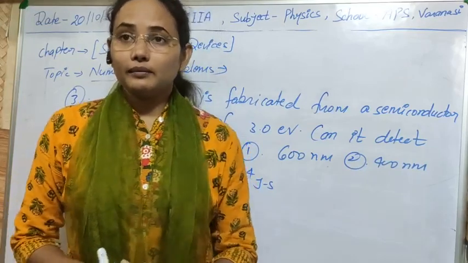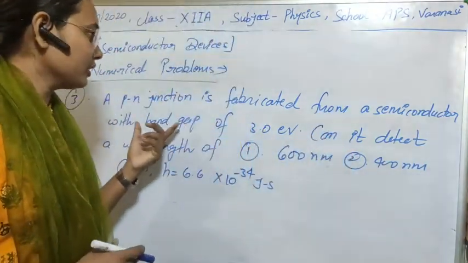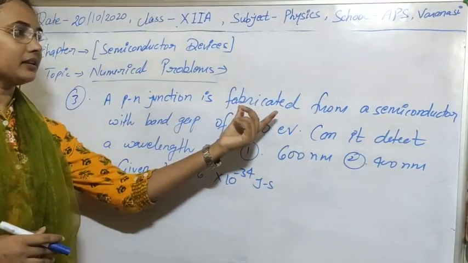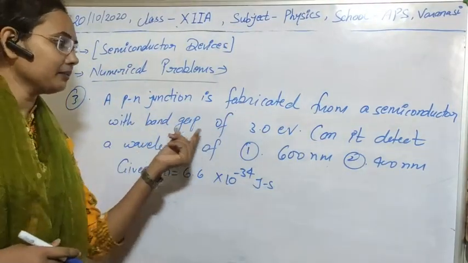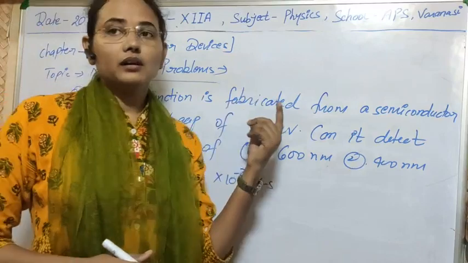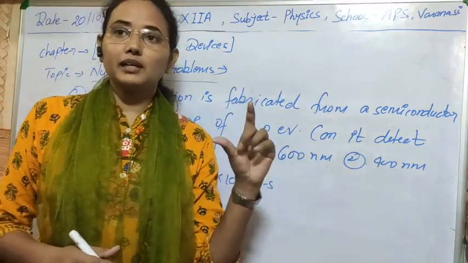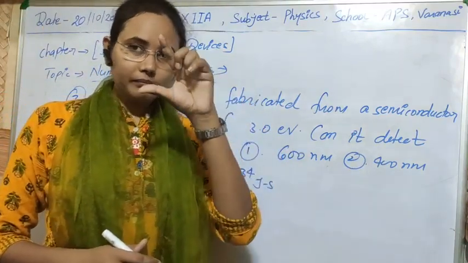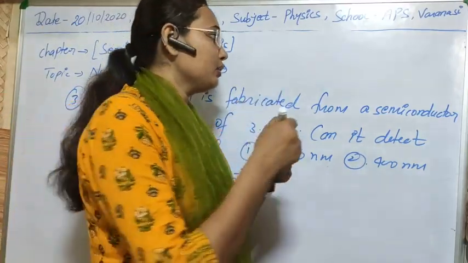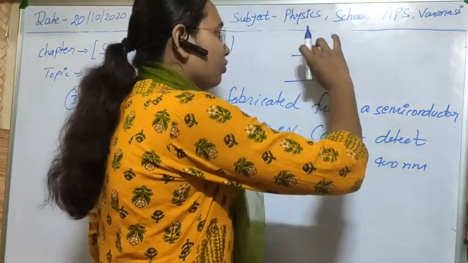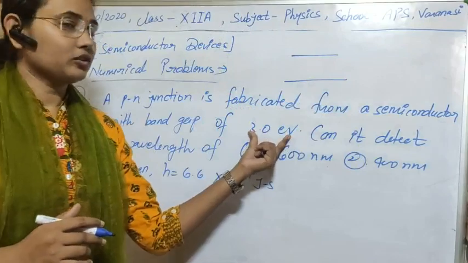So here is the question: a PN junction is fabricated from a semiconductor with a band gap of 3 electron volt. Suppose we have a semiconductor material in which the energy between any two bands is 3 electron volt.